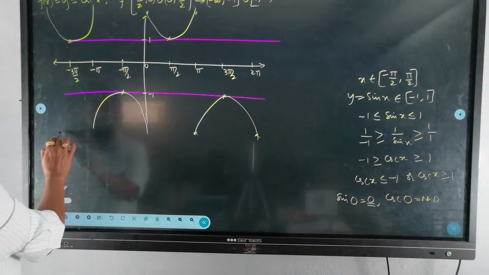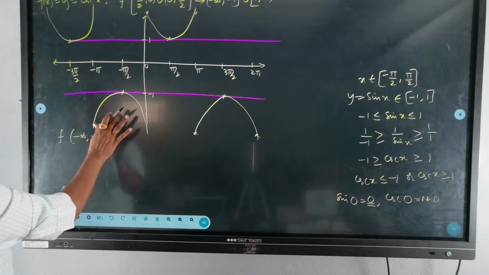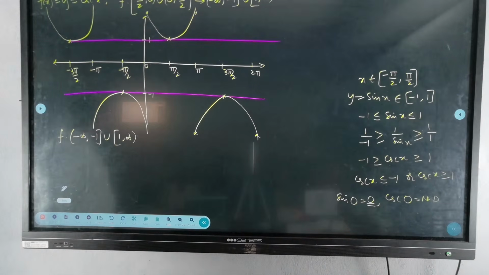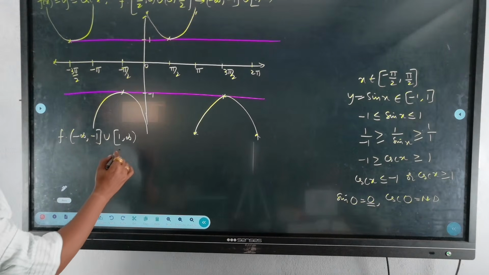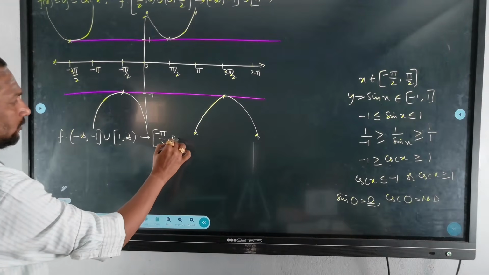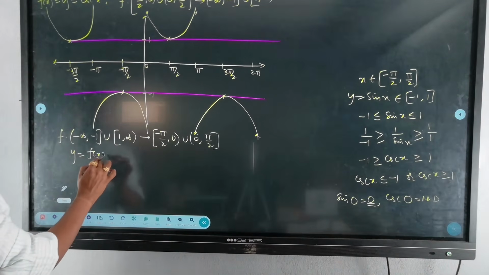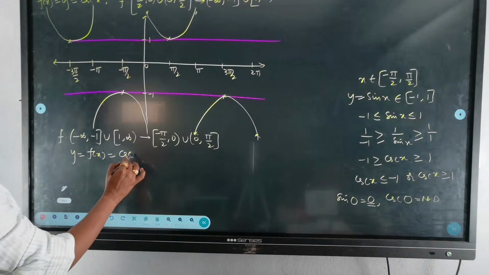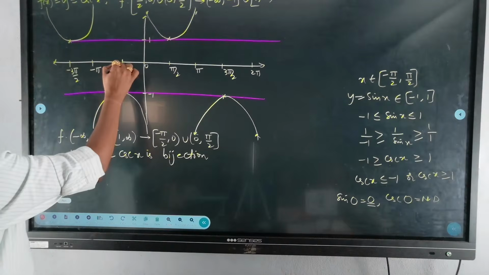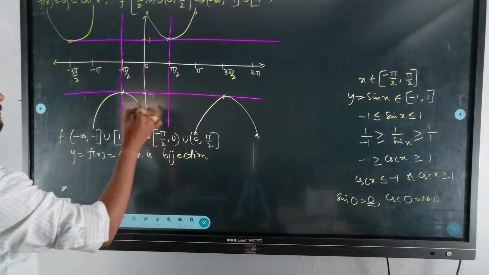So what if f maps from minus infinity to minus 1 closed, union closed 1 to infinity, to minus pi by 2 to 0 union 0 to closed pi by 2. y is equal to f(x) is equal to cosecant x is a bijection from this minus pi by 2 to this pi by 2.